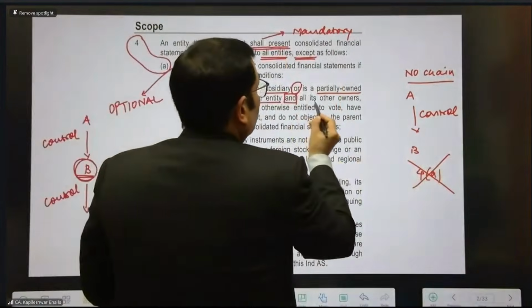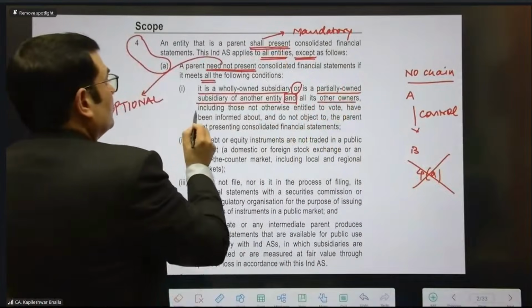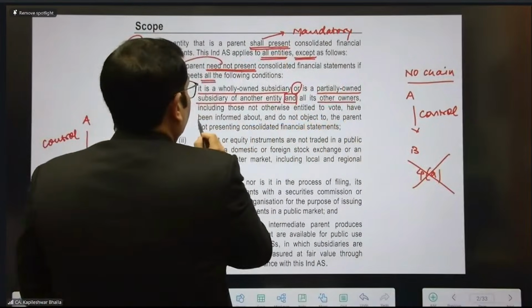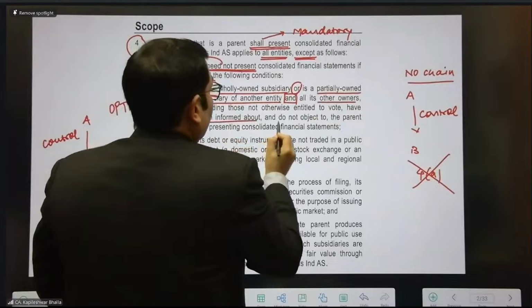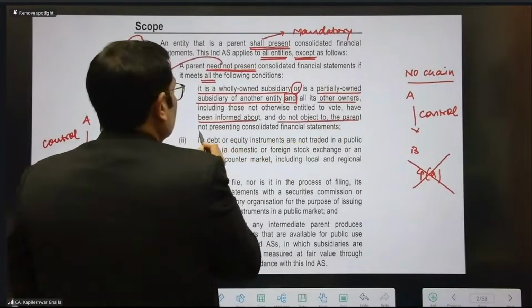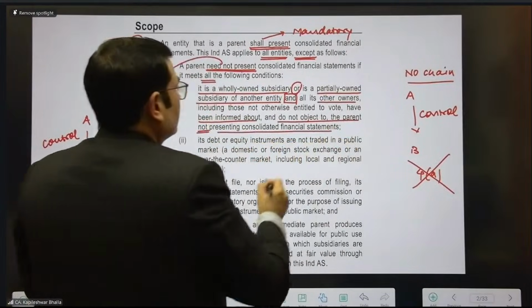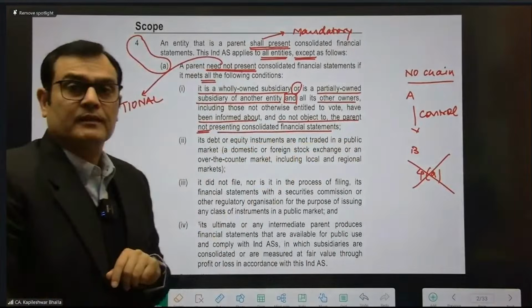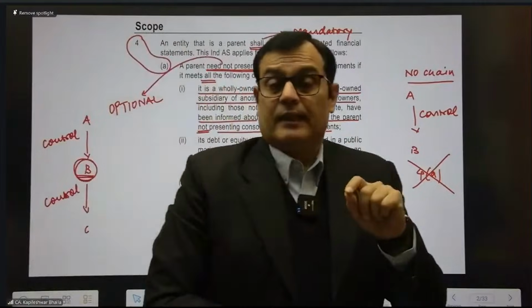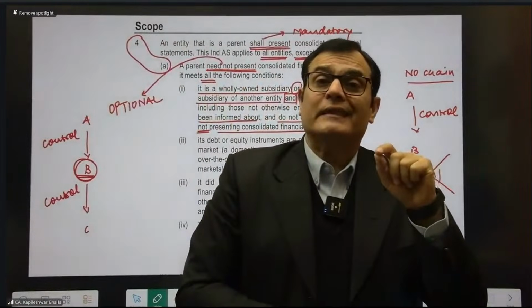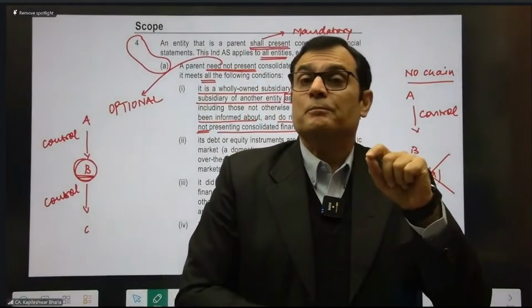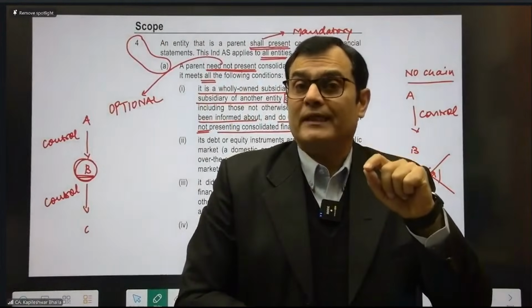It says all other owners, including those not entitled to vote, have been informed about and do not object to the parent not presenting consolidated financial statements. Now let's consider it like this. Let's say, for example, A has got an 80% stake in B. So B is a partly owned subsidiary of A.